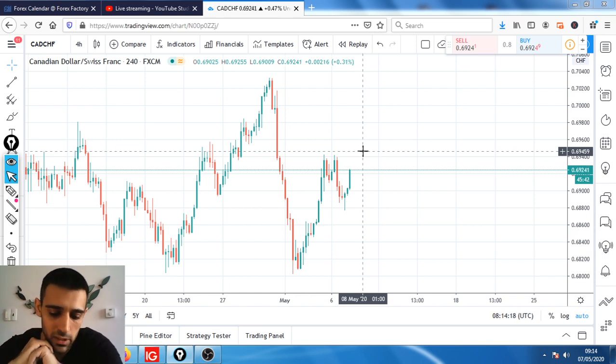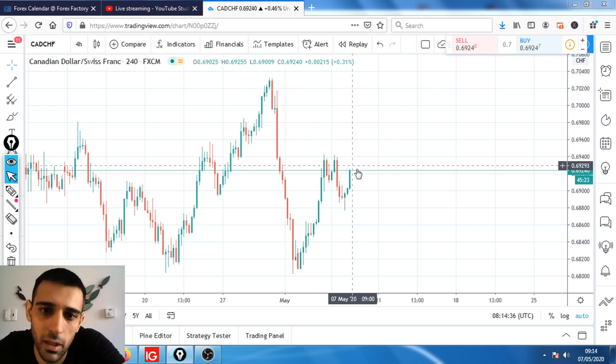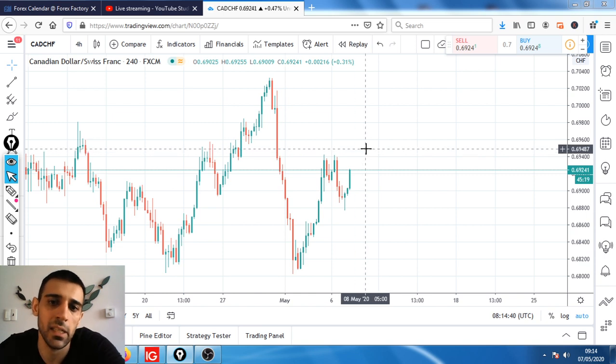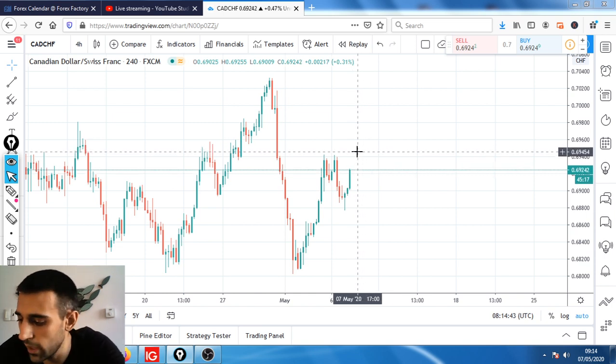The only time I move a stop loss is if the price has moved in my direction, and I can justify moving it to either break even or into the profit area. Other than that, if I see the price is coming up, I'll leave it as it is, and if I get stopped out, then that's fine for me.